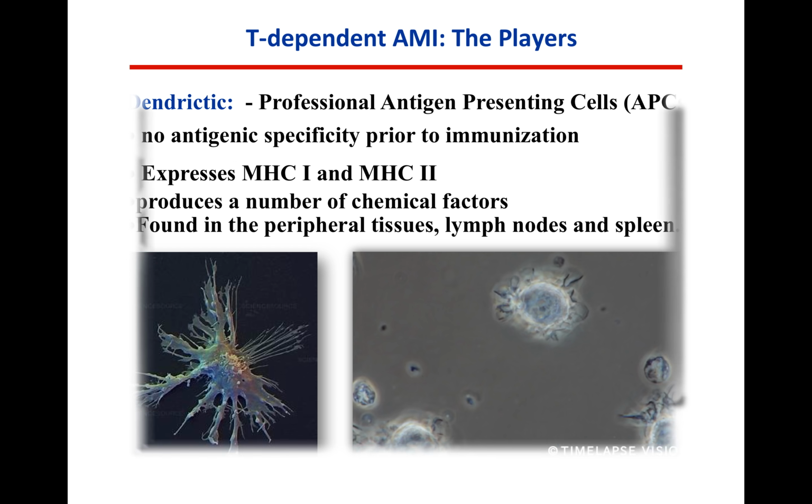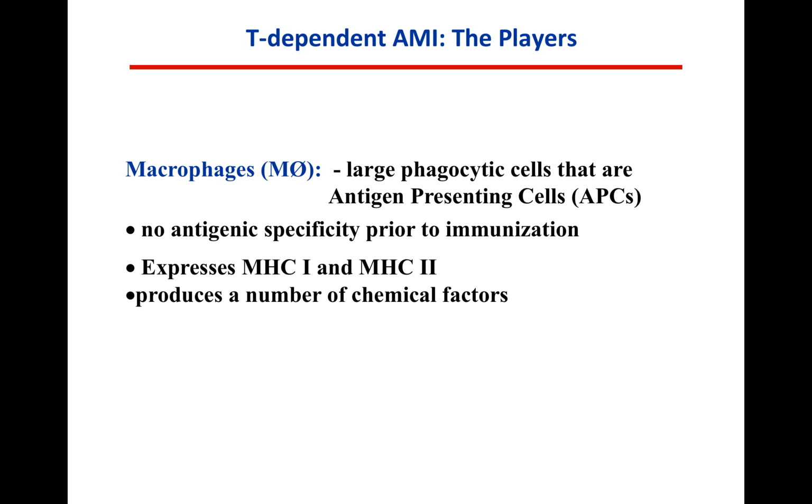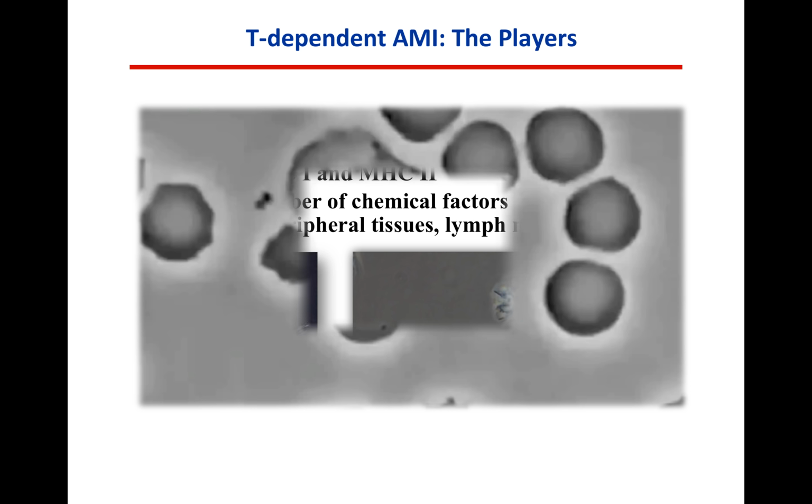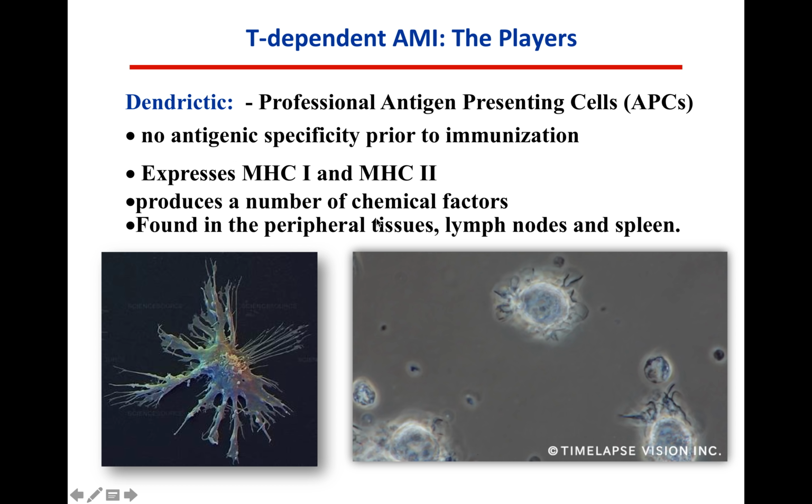Macrophages, I just want to point out, are found throughout the body, and they have multiple functions, like, for example, clearing you of cell debris as well as antigen presentation. But dendritic cells are professional cells whose only purpose really is to interact with the immune cells, and interact as well with T cells.